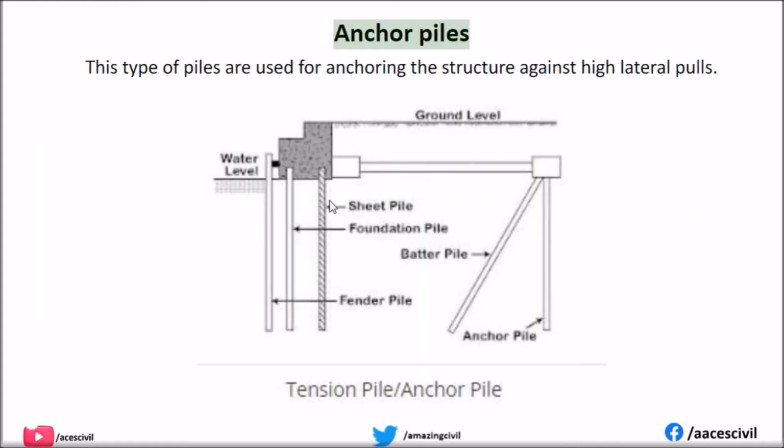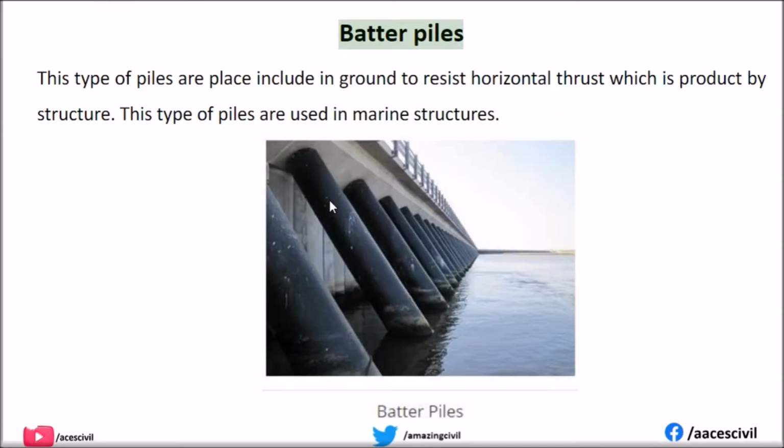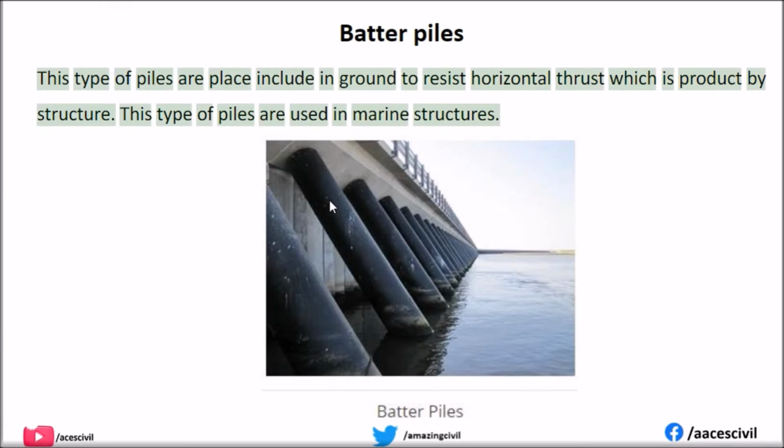Anchor piles. This type of pile is used for anchoring the structure against high lateral pulls. Batter piles. This type of pile is placed inclined in ground to resist horizontal thrust, which is produced by structure. This type of pile is used in marine structures.